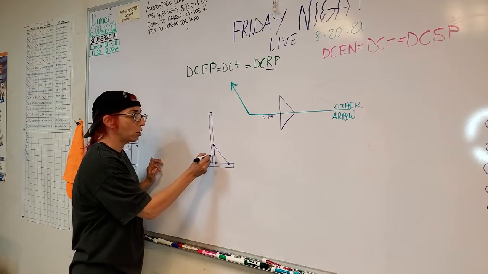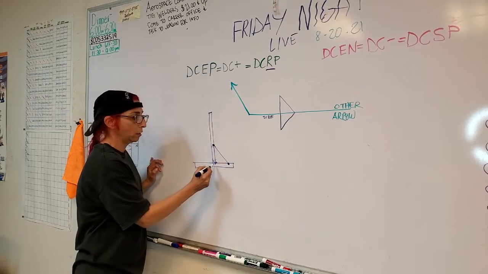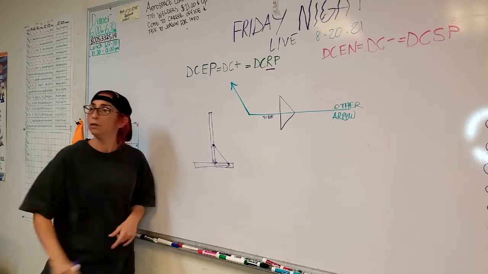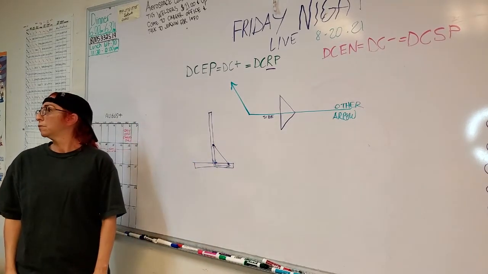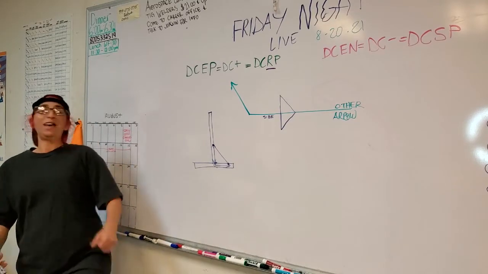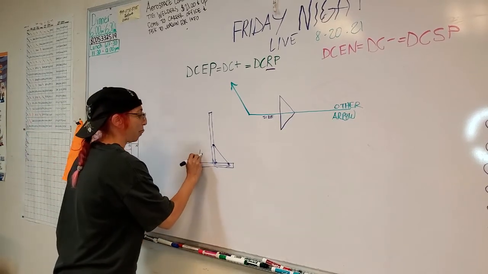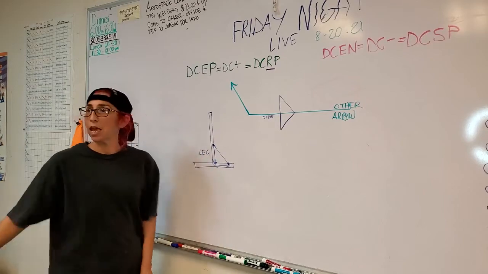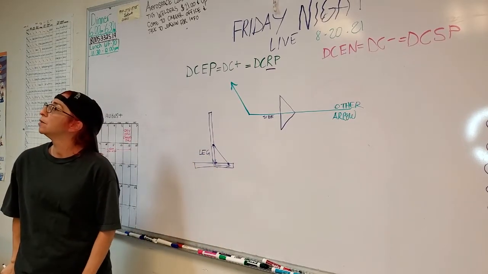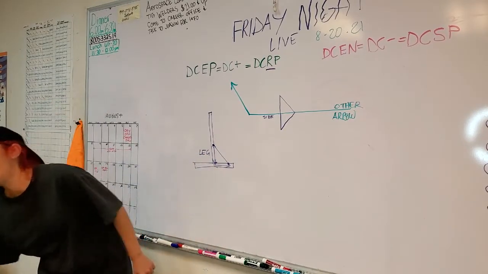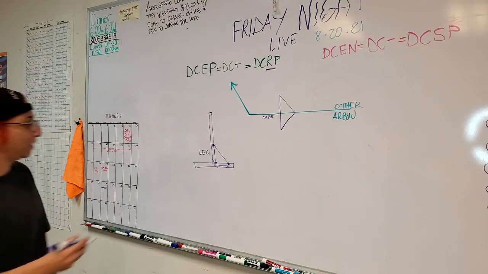So from this toe to the root and this toe to the root, they are the leg. Good. And it is measured by the shortest leg there. Okay, shortest leg.